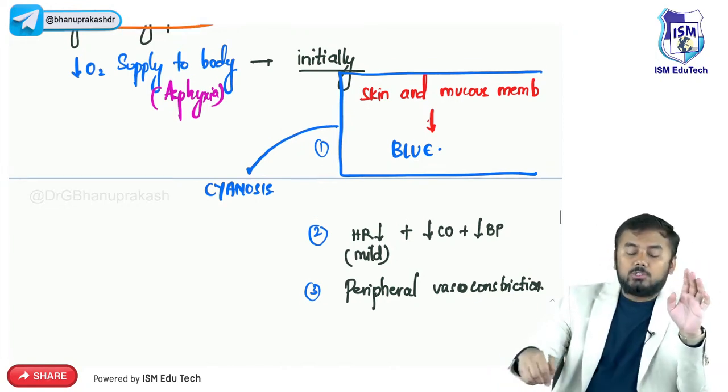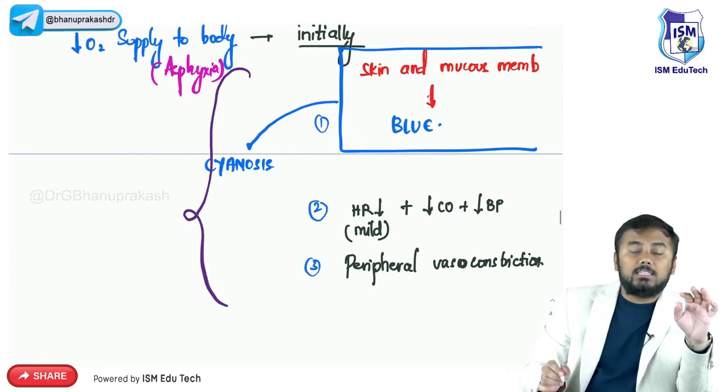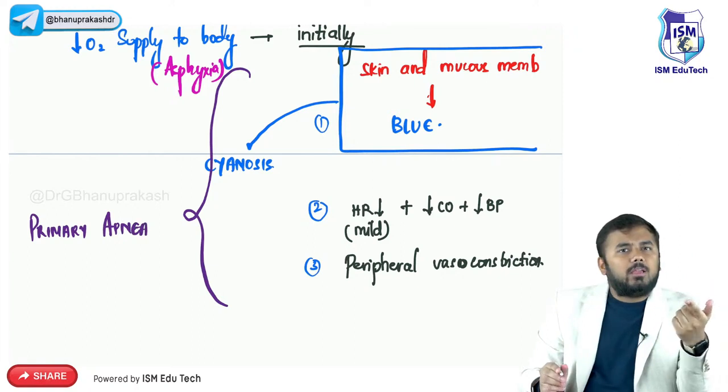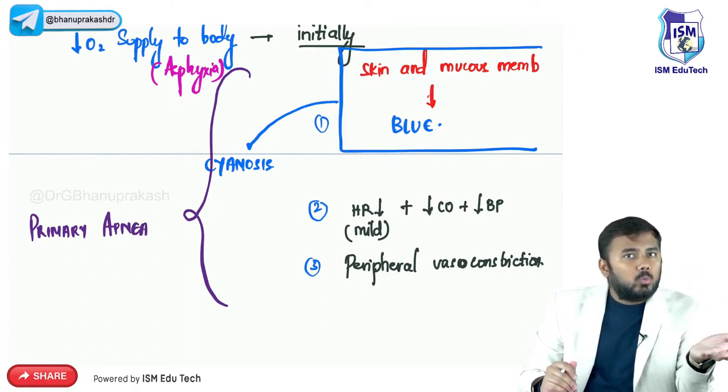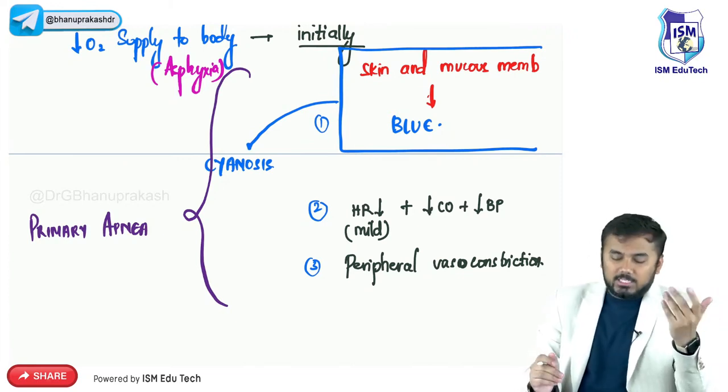These three things I have told you are called primary apnea. If someone asks you about primary apnea, what is the color of the baby? Blue, obviously. Is primary apnea a very serious condition? No, everything is mild here.